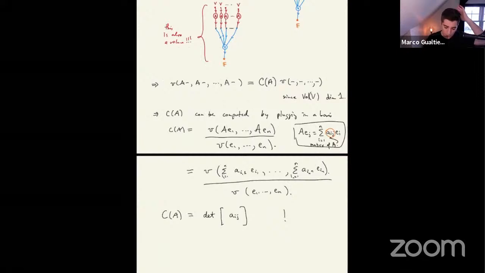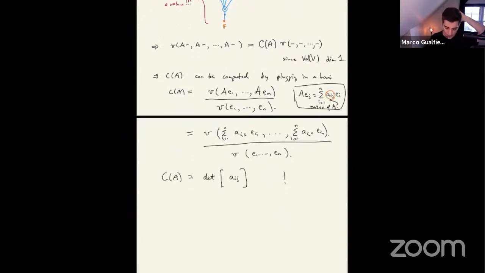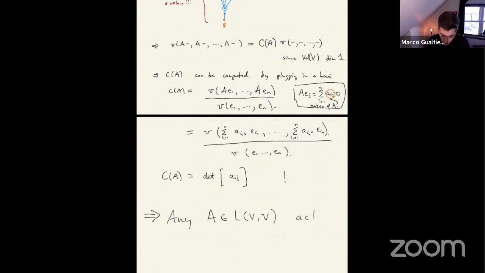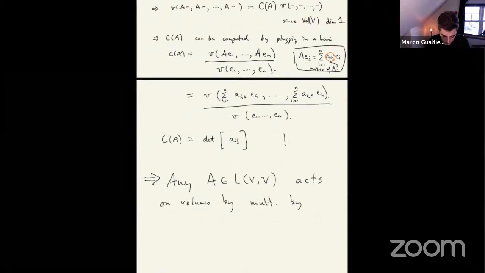Okay, so what is the idea here? This means that we can conclude that any linear operator acts on volumes by multiplication by a certain scale factor.